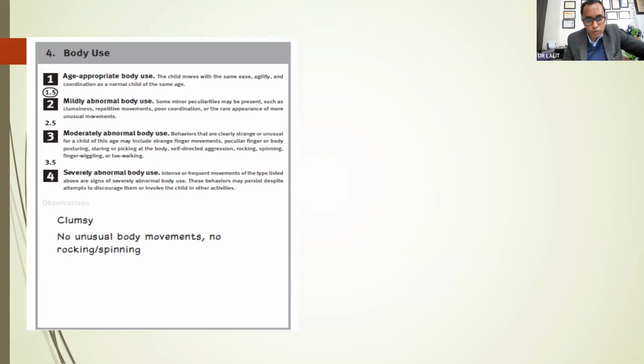In category 2, score of 2, we have clearly mentioned that along with clumsiness, there will be repetitive movements, that means repetitive stereotypic movements of stimming will be there. Whereas in the observational finding by the clinician, he has clearly mentioned there is no rocking and spinning. So that clearly fits that the child is not in category 2, but somewhat better than category 2. So it comes out to be 1.5.